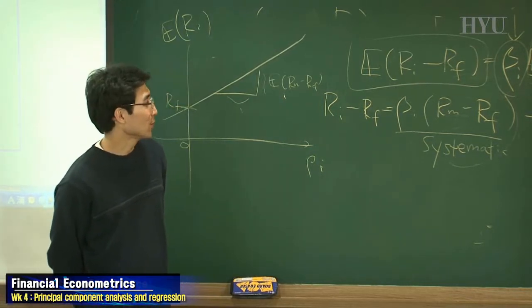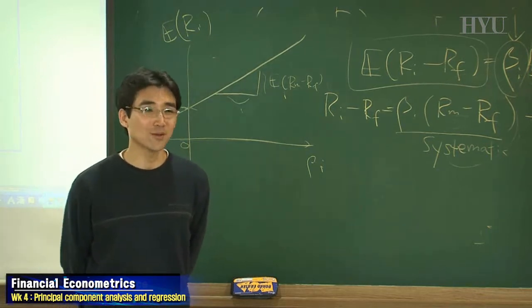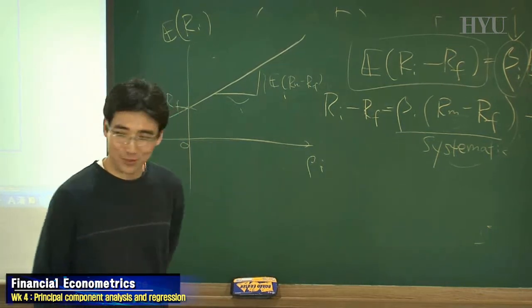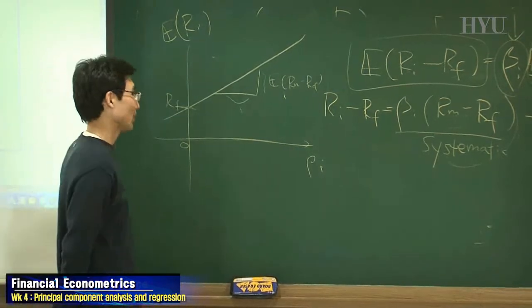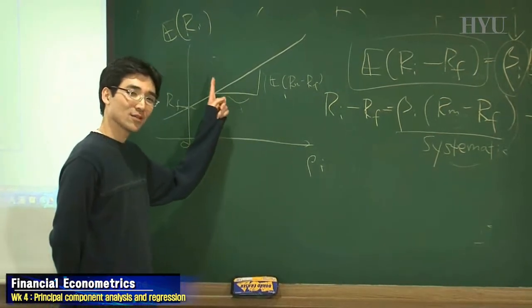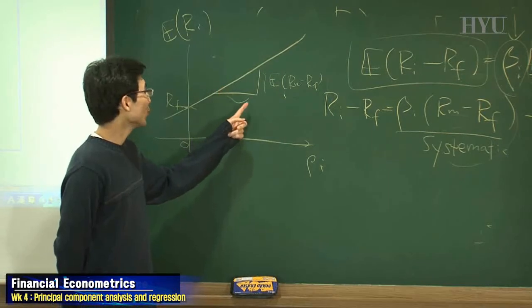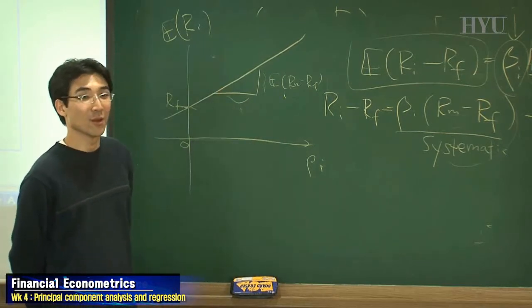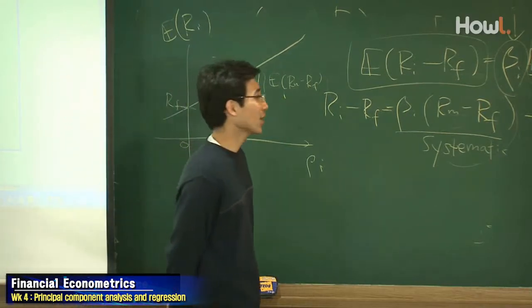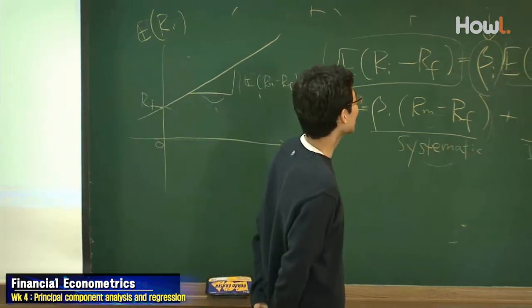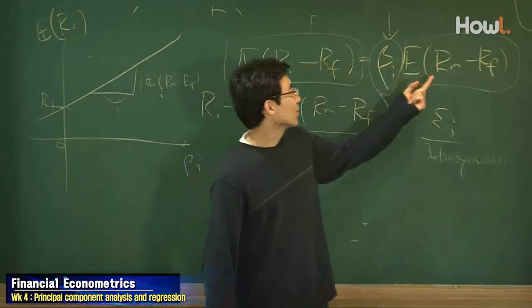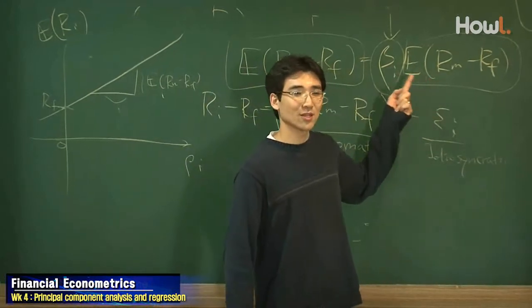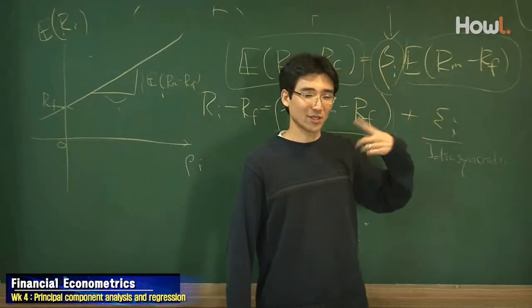Sometimes people get confused. So when we say the slope between beta and excess return, the slope is the market premium. But when we actually estimate the capital asset pricing model, we regress excess return on market return, and beta is the slope of that regression.